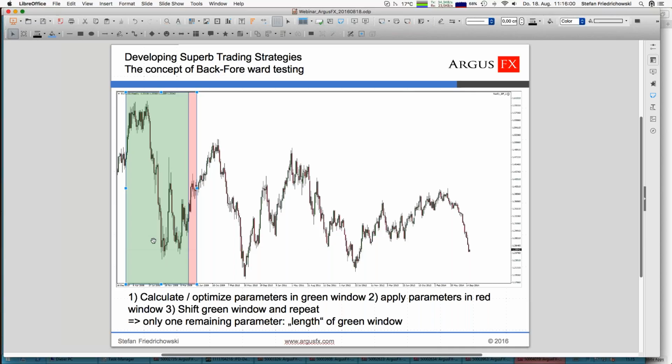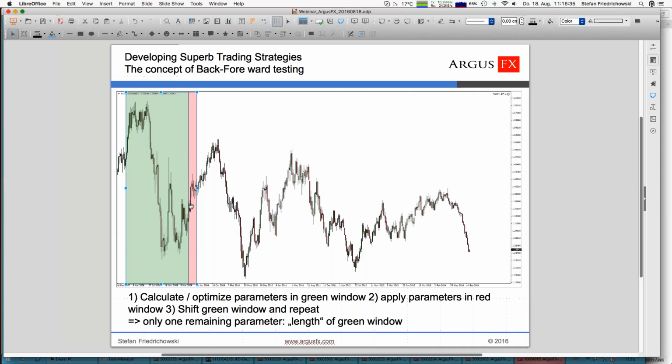Then we apply those parameters to the next coming future, which is indicated with a red box here. So just the next few days, we would apply our strategy to that period. That period has not been part of the optimization process, the backtesting optimization within the green box.